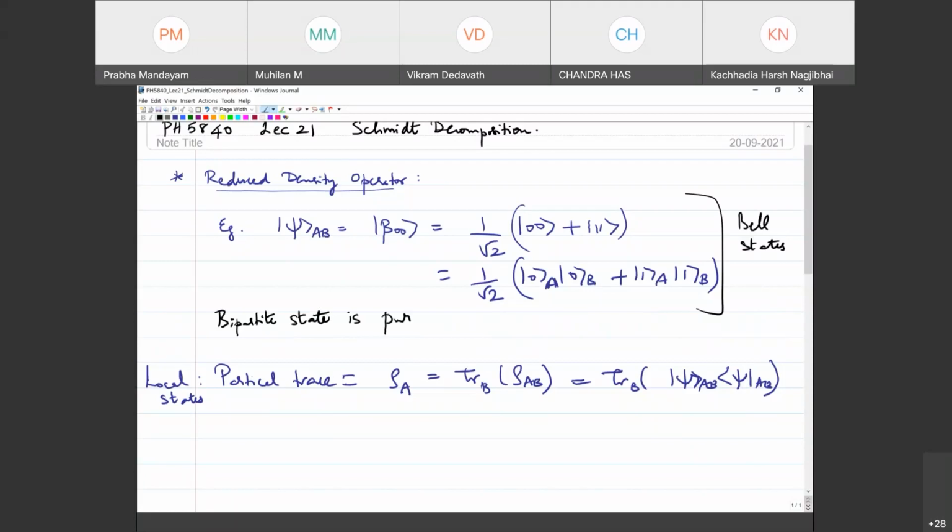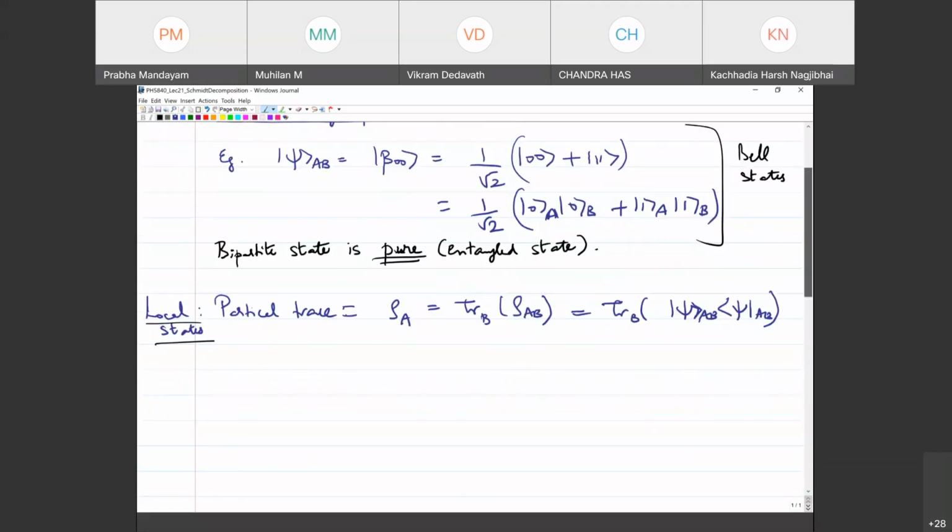In fact, it's a pure entangled state. But the local states, which you obtain by doing this partial trace, I asked you to work this out last time.